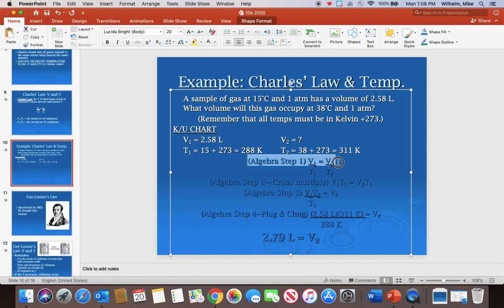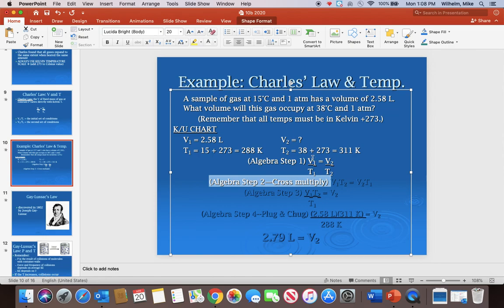Again, I like to do the algebra with the equation first. So the first thing I'm going to do is write down Charles' law, V1 over T1 equals V2 over T2. And then mathematically, how do you get rid of fractions, a proportional fraction? Well, you should know. In algebra, you cross multiply.